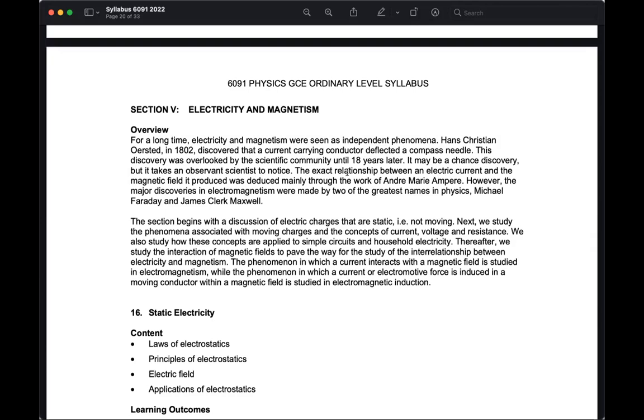Then after that, there are people like Maxwell and Faraday. All these names are famous in the scientific world. You may have heard of Ampere. Faraday is the unit for magnetism.